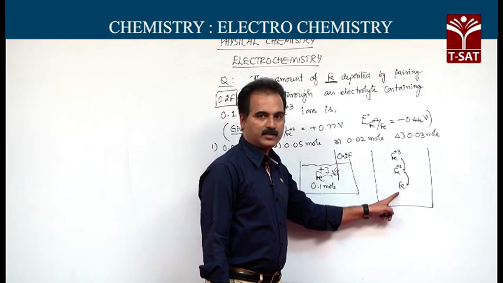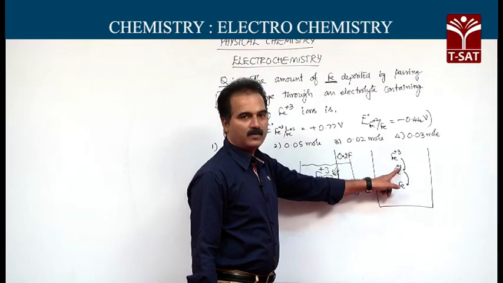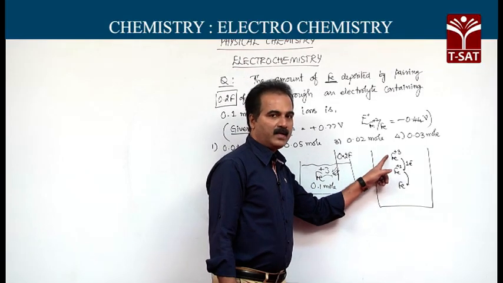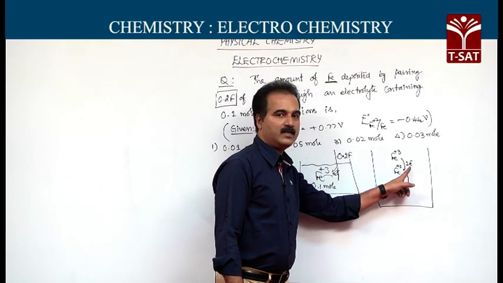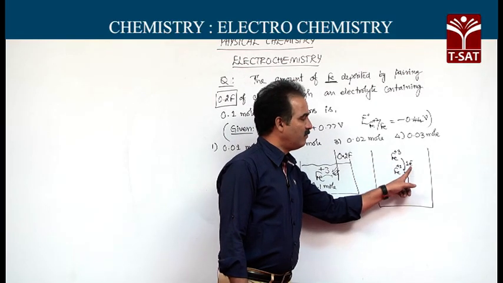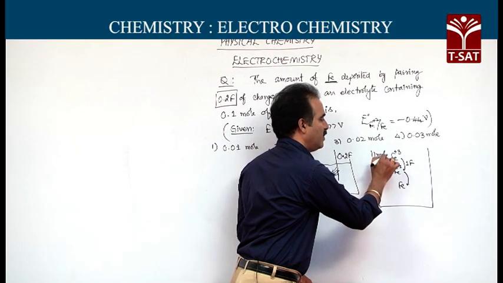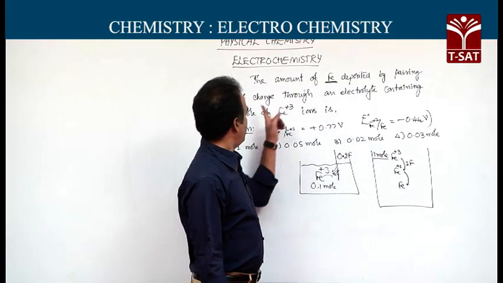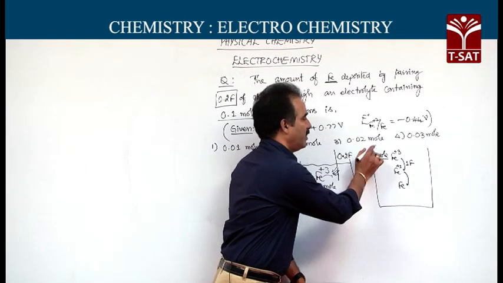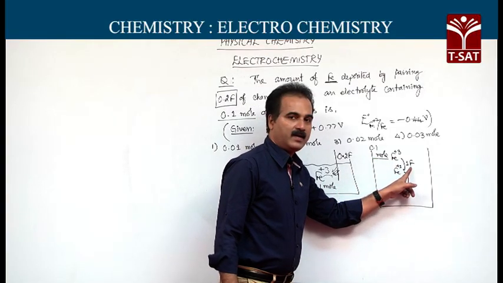For ferric to ferrous, the charge is decreasing by 1 unit, so this needs 1 electron, meaning for 1 ferric to reduce to ferrous, 1 electron is needed. For 1 mole, 1 mole of electrons is needed, so for 1 mole, 1 Faraday is needed. So, this is 1 Faraday for 1 mole of Fe+3, but we have only 0.1 mole of ferric ions.